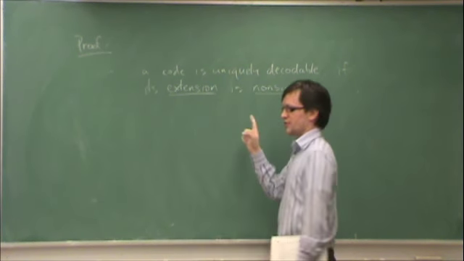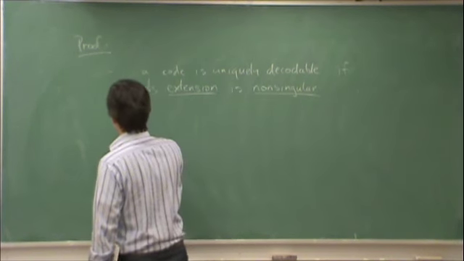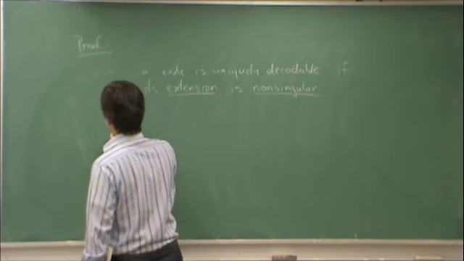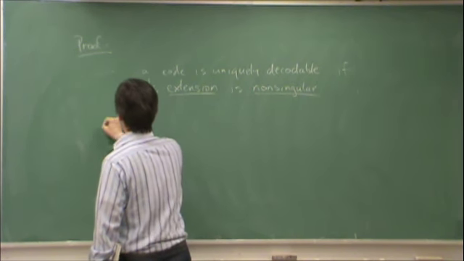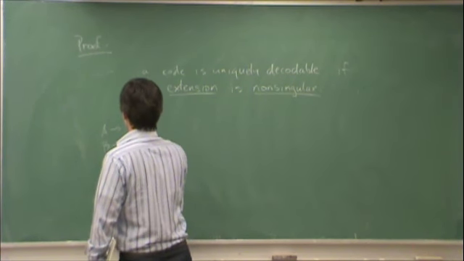So remember what the extension of a code was. For instance, remember my simple example from last time: A goes to 0, B goes to 10, C goes to 11.